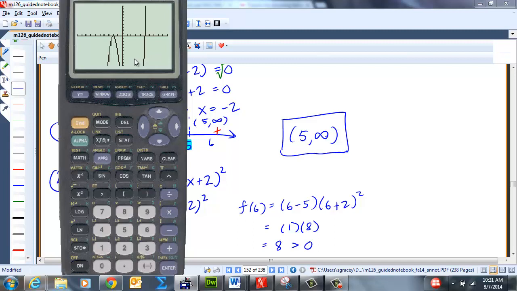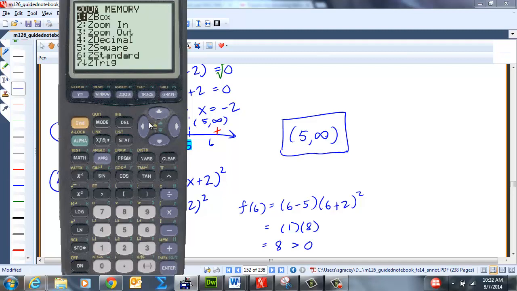Let's go ahead and go to the window. We want the Y minimum to be smaller. Let's try negative 20 and see if we can see the whole picture. Not yet. Try negative 40.